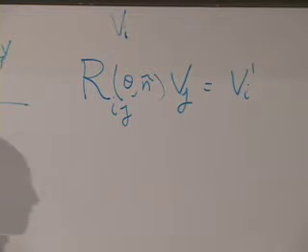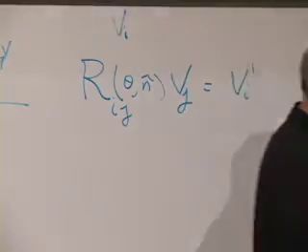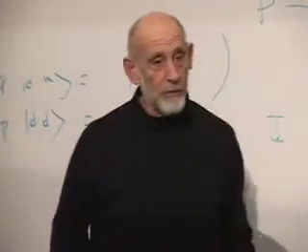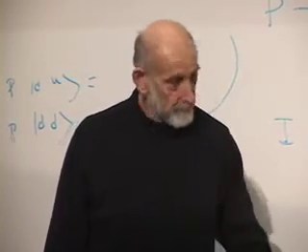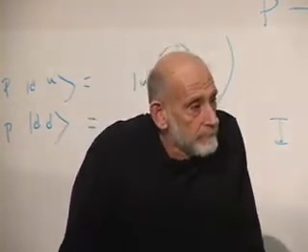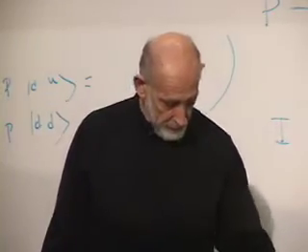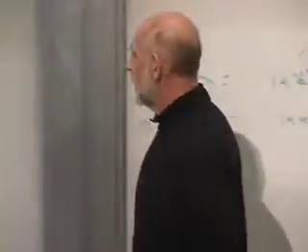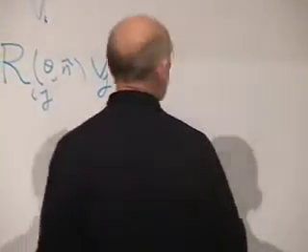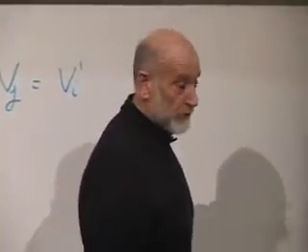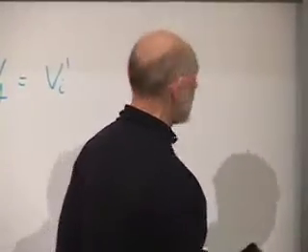Now, do you know the properties of rotation matrices? I believe we've gone through them, but I will go through them again. Invariant length. Let's work out the properties of rotation matrices. This is another group, of course, and another representation.